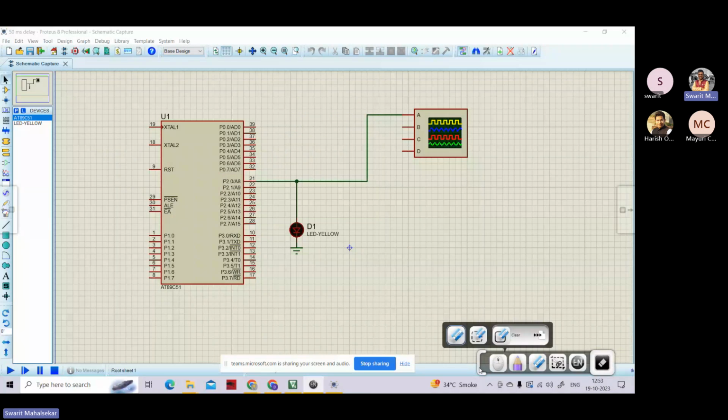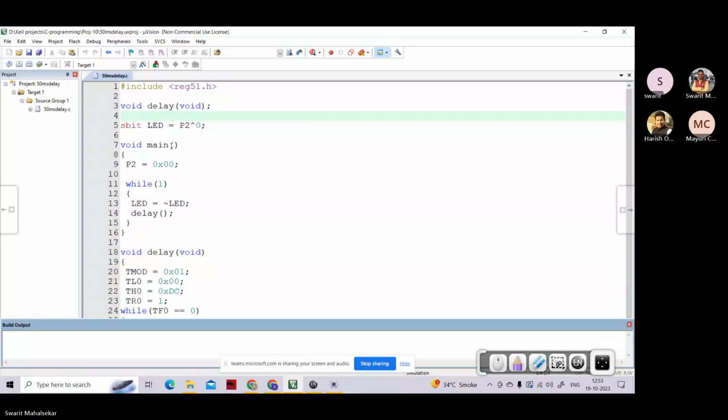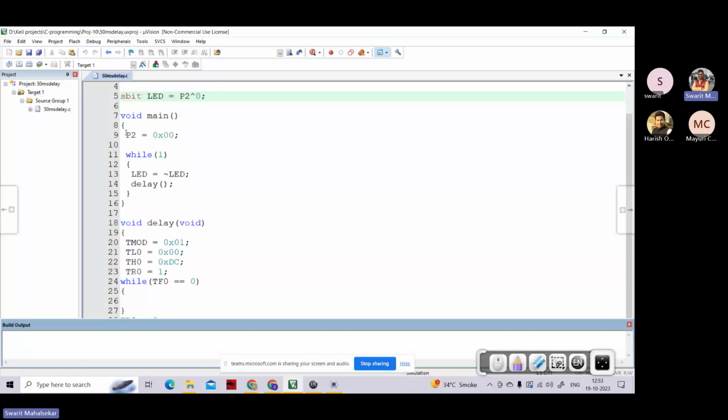Now let's go back to the Keil software to understand the program. This is a data type bit, which can hold only one bit, either 0 or 1. I define LED equivalent to P2^0, meaning I connected the LED to pin 0 of port 2. This is my main function. Port 2 is equivalent to 0x00.